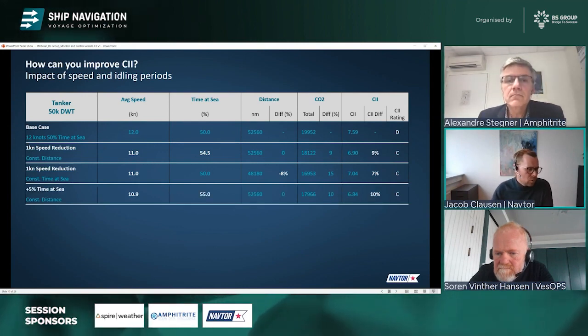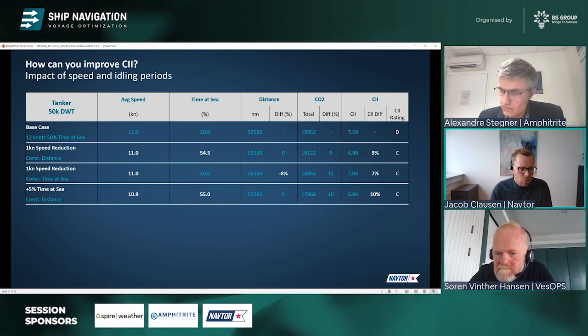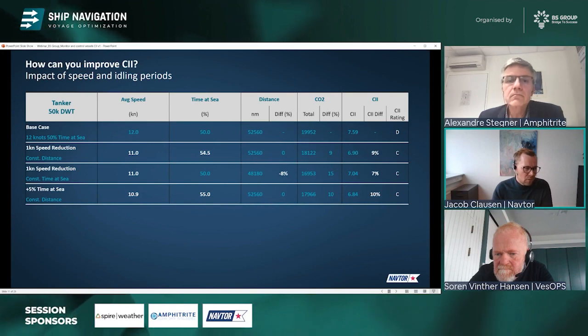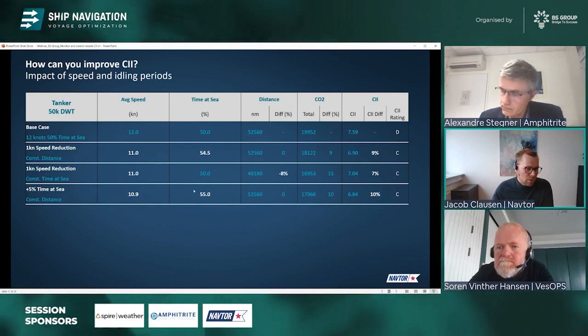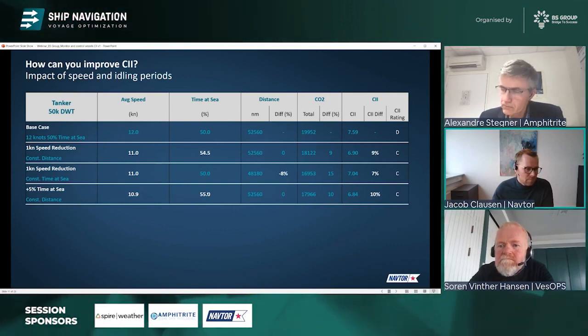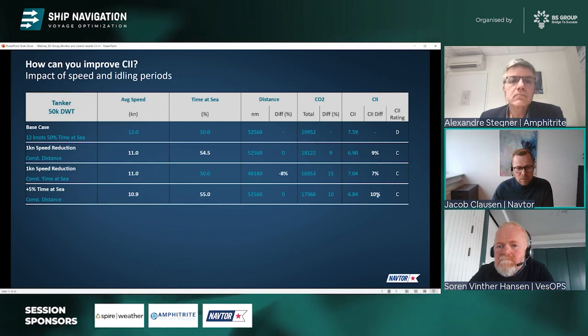We can of course also look at the utilization of the vessel, and here we're just looking at the time at sea, or the inverse of idling time. So if we keep a constant distance and increase the utilization, spending more time at sea, then we can see a quite significant improvement.